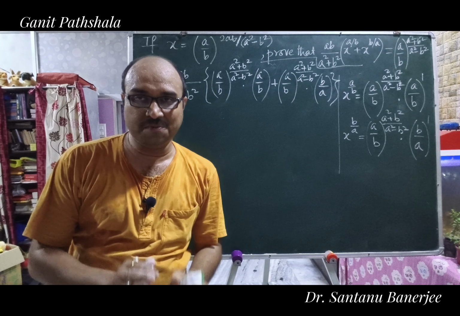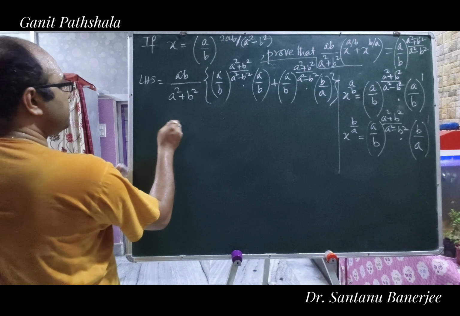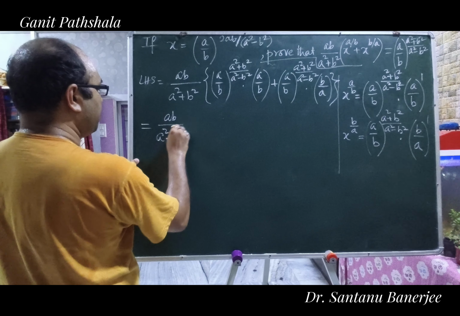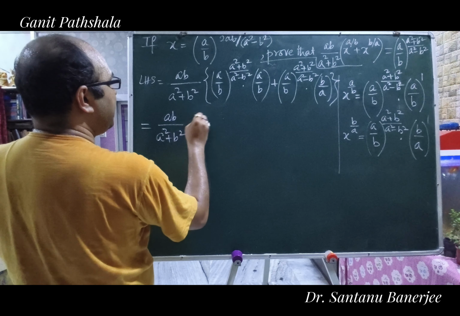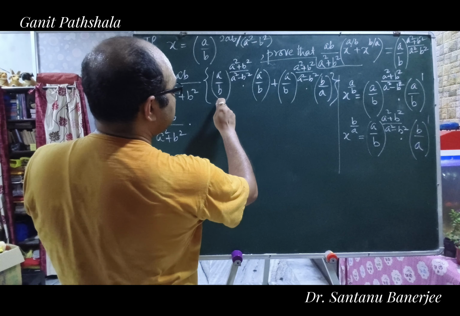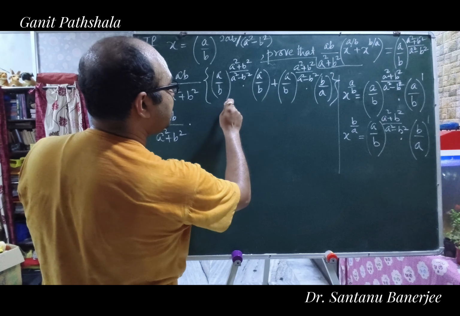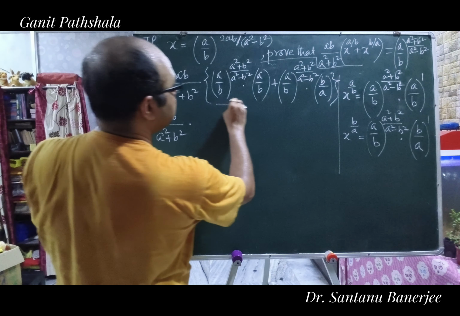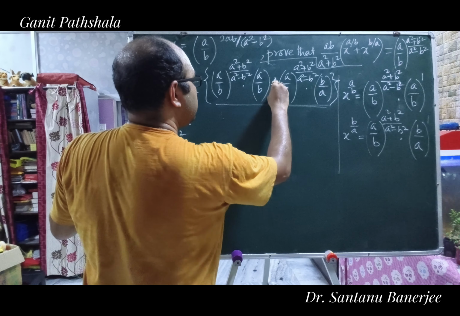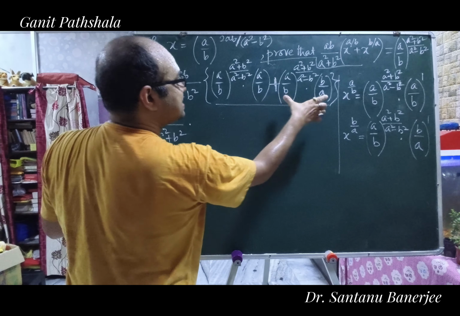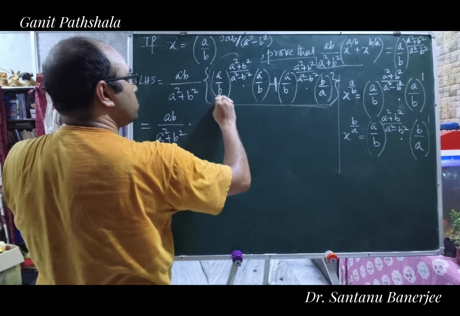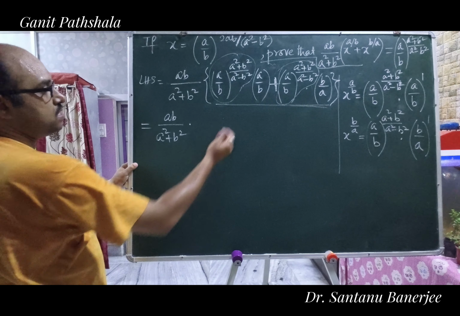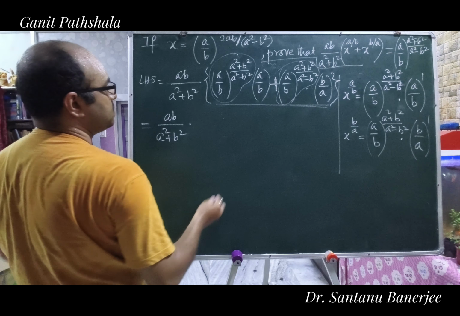Now see, which is equal to ab by a square plus b square, and there is a common part in these two portions. This is common, so you can take that out.